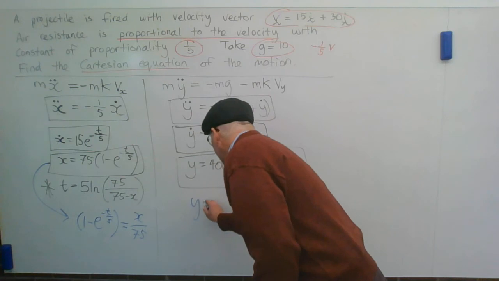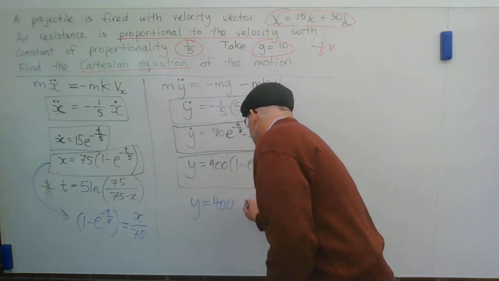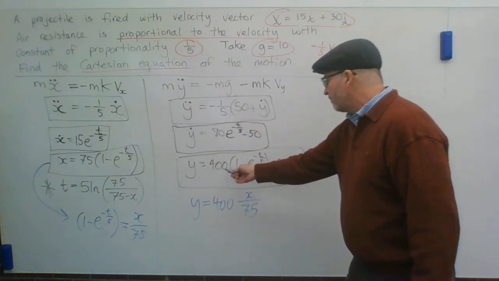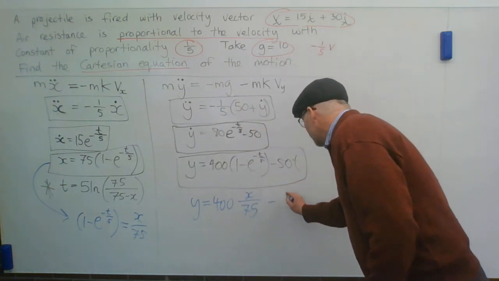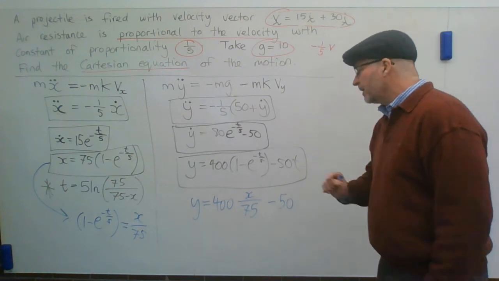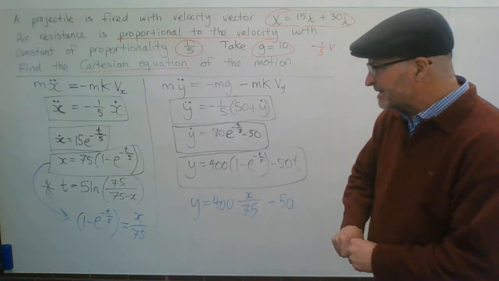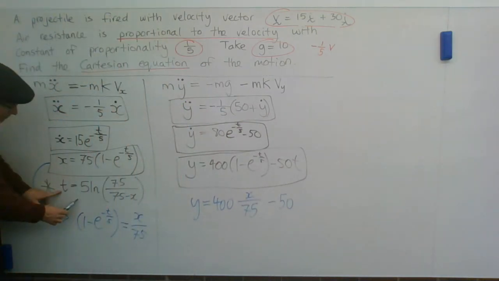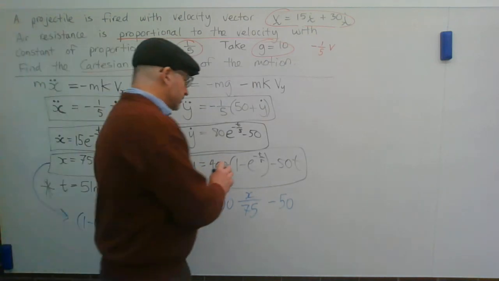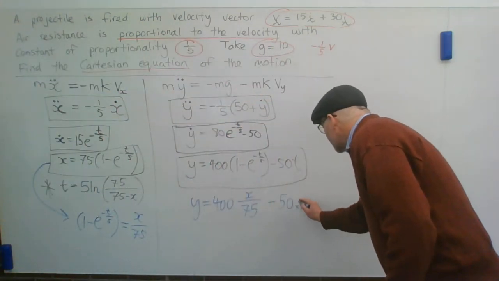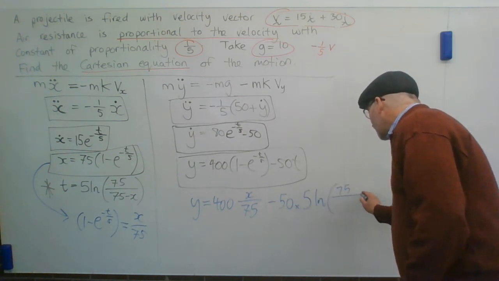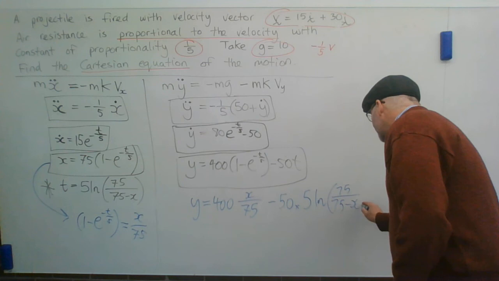So y equals 400 x on 75 minus 50 times t. Now normally I'd have to replace the t. Here I worked out before that t is 5 natural log of 75 on 75 minus x. So times 5 natural log of 75 on 75 minus x.